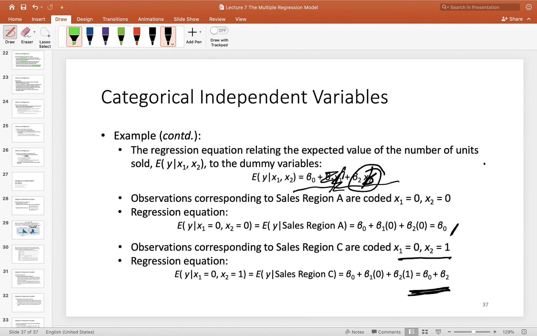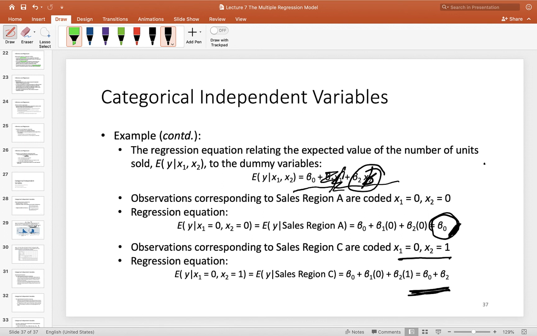Basically, the default region is region A. Beta 0 corresponds to the mean or the expected value of sales in region A. Then beta 1 is the difference between the mean number of units sold in region B and the mean number of units sold in region A. So beta 1 is saying, what do I have to add to or subtract from region A sales to get to region B sales?